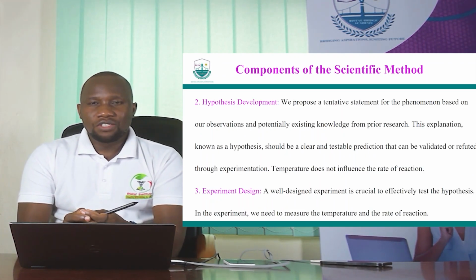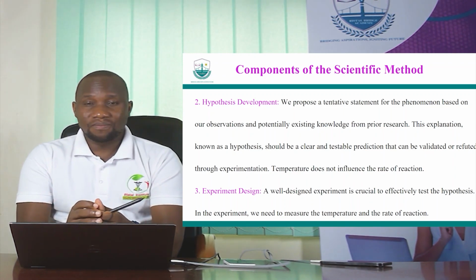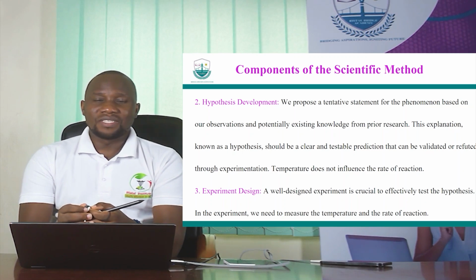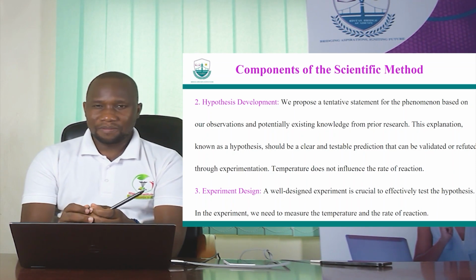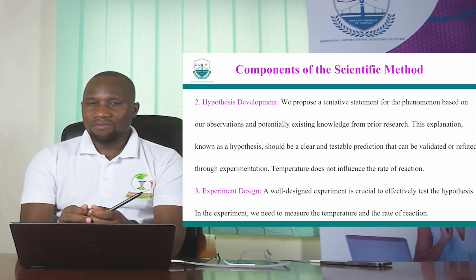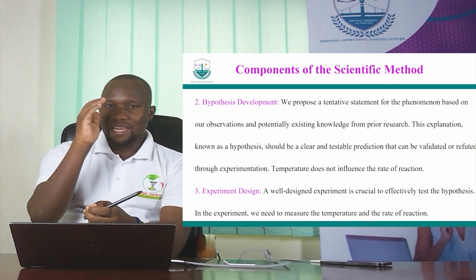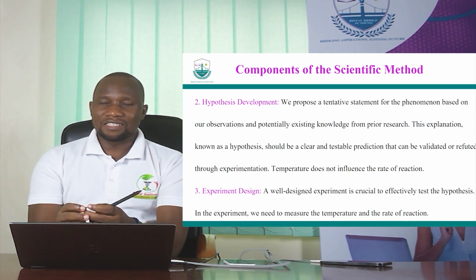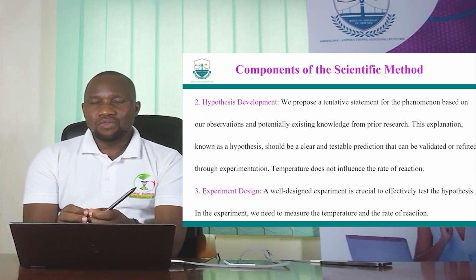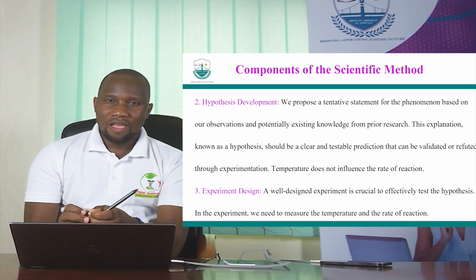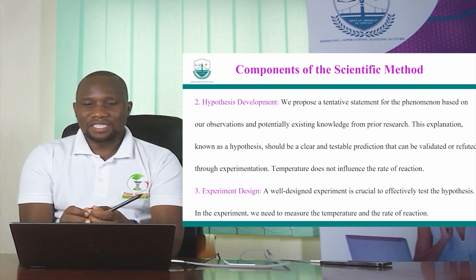After having an observation, now you say, okay, remember our example of the organisms that move to a particular area at particular times of the day. So for you, you're going, okay, maybe that is the time when the sun is bright and the environment is warm. That's why they move to that area there. So you make a prediction. You make a prediction, or you can call it, you make a predictive statement.